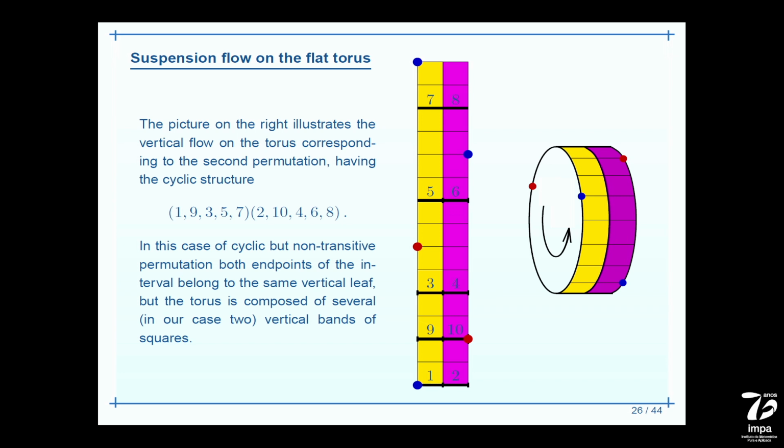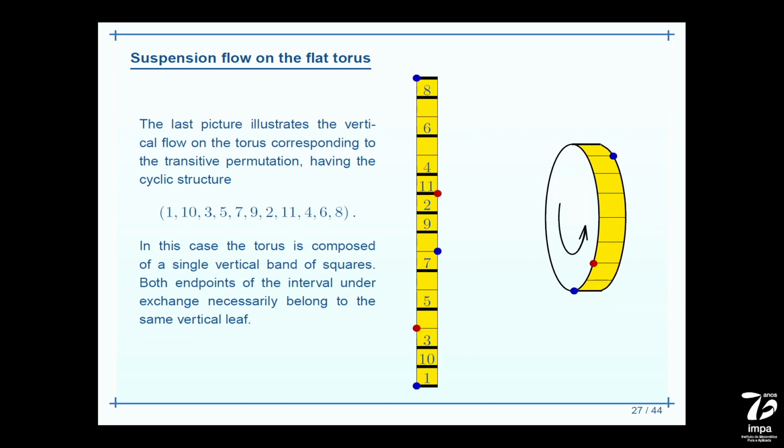In the second example, the torus is like this, and the endpoints of the interval are both on this boundary circle. So basically, they're on the same vertical leaf of our flow. And finally, in this one, not only are both endpoints on the same vertical leaf of the flow, but we have just one vertical band of squares, and this is an example of a transitive permutation.